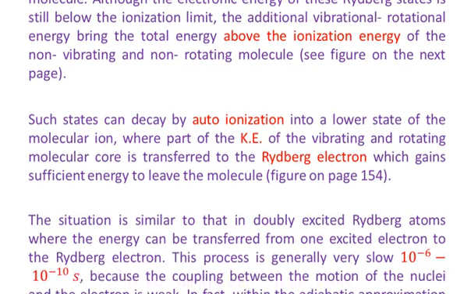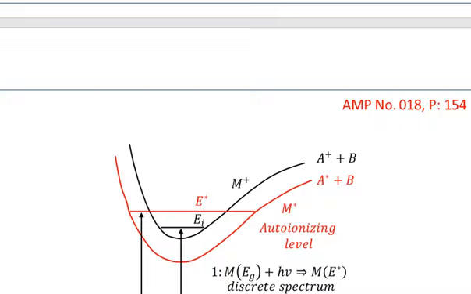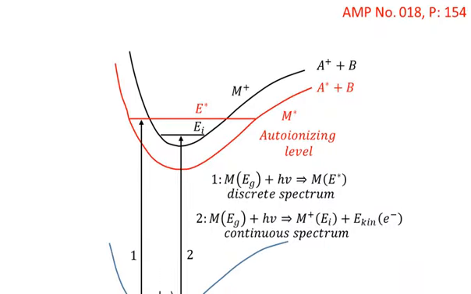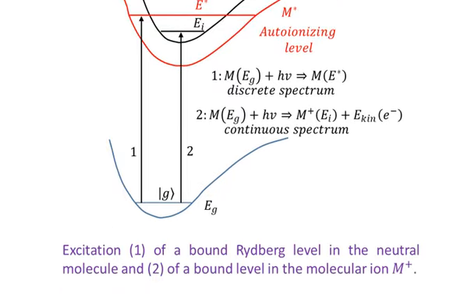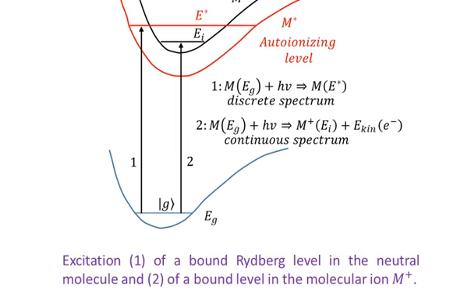Before I go through this paragraph, let me go through this diagram first, so that you can really understand what is happening. So first of all, excitation 1. Here in this diagram, I have shown excitation number 1 and excitation number 2.